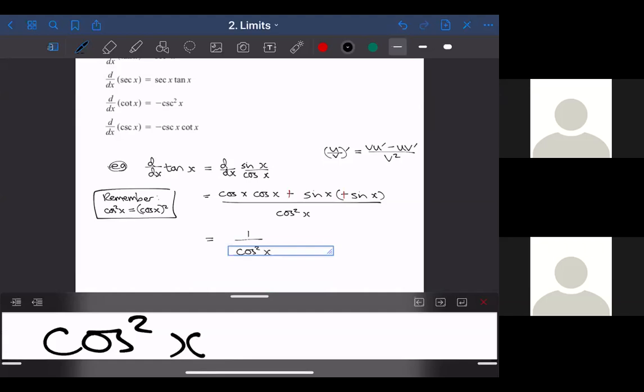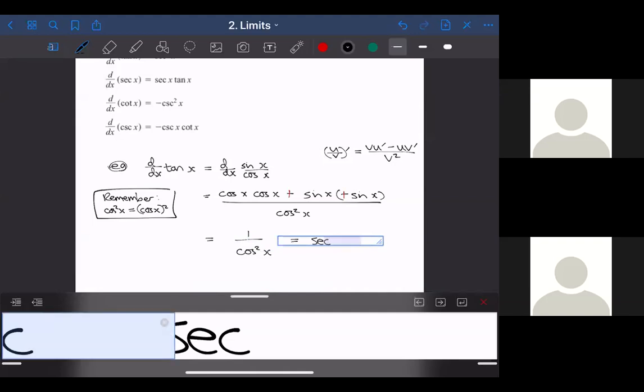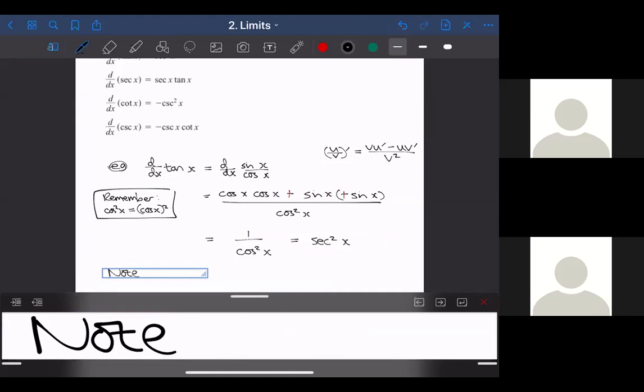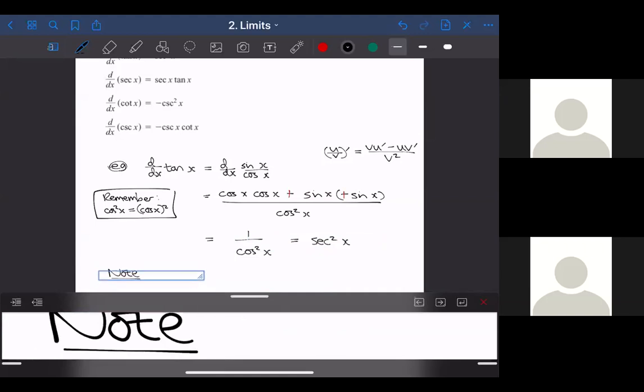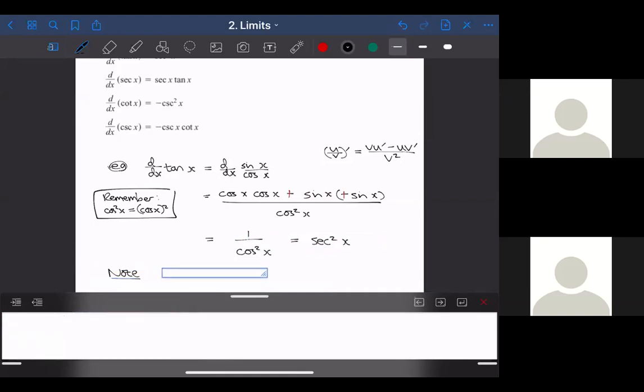And so we just get 1 over cos squared x. And that, by definition, is sec squared x. Okay, and note this derivative is not defined everywhere because tan x is not defined everywhere.